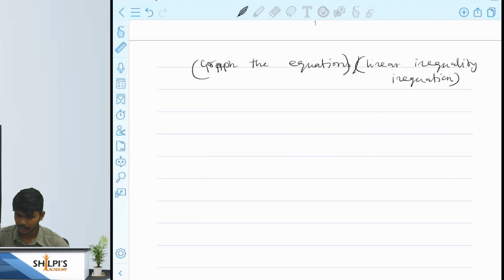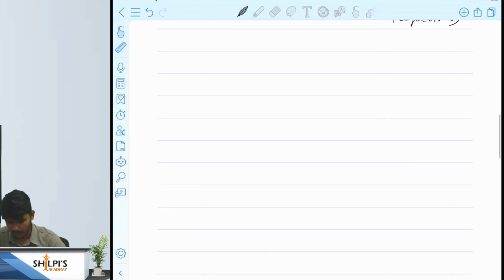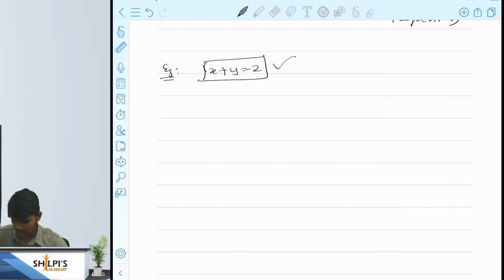First we will see how to graph the given equation. I am giving an example. Let's say x plus y equal to 2. Is this equation a linear equation or a linear inequation? x plus y equal to 2.